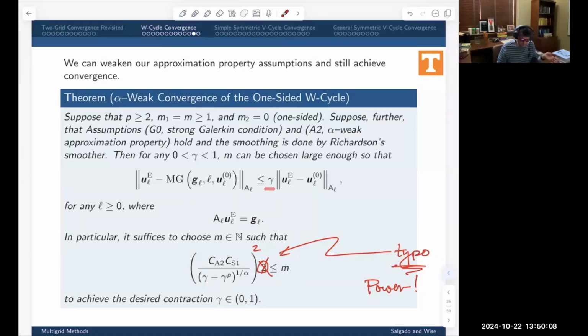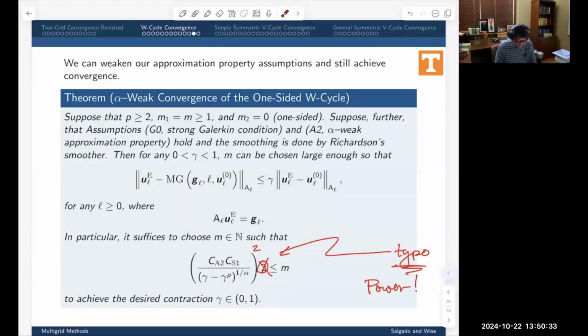That's some small number less than 1. Alpha to the p, because we're using the W-cycle, p is equal to 2 or 3, something like that. So let's suppose that p is equal to 2. So this is gamma minus gamma squared. That's a pretty small number, over this number, which can be large. Usually it's an order 1 number though, so that's good. But this could be large.